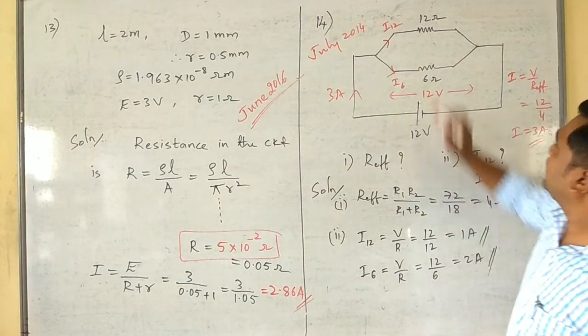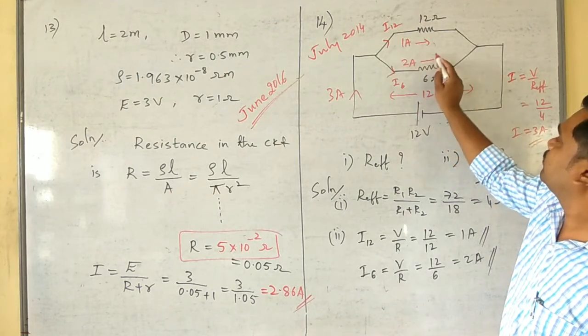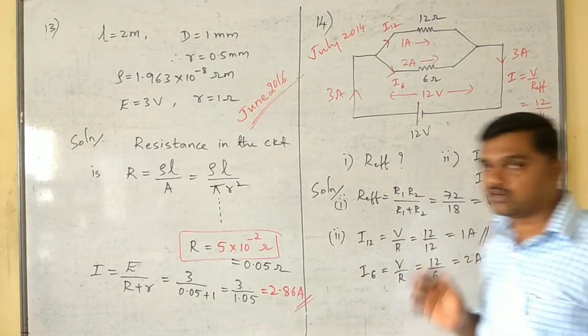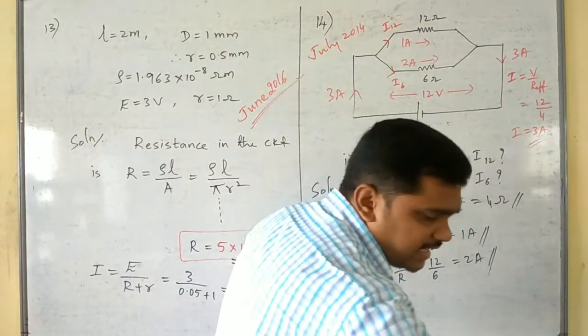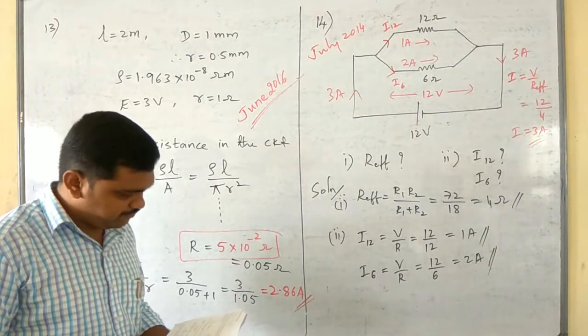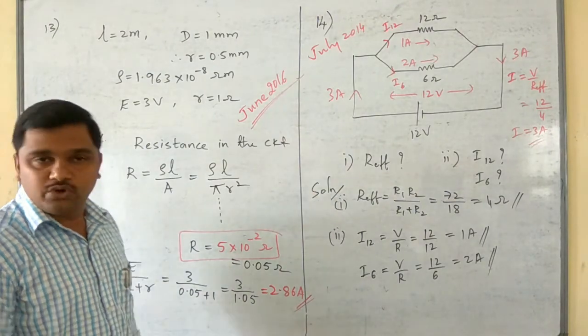In that 3 ampere, here 1 ampere goes and here 2 ampere goes. Finally, the same 3 ampere will come out of the circuit. So in the next class, let's continue from the 15th numerical problem.